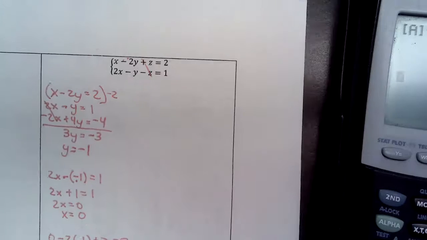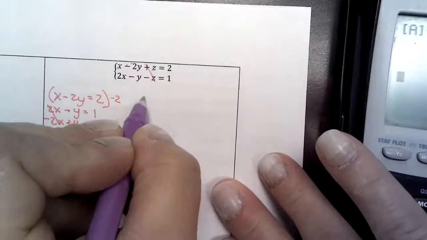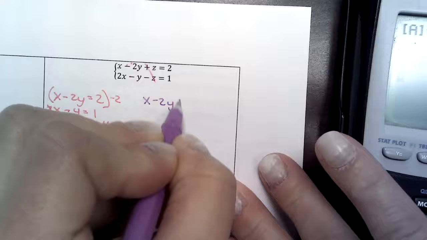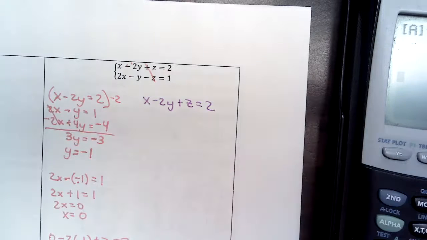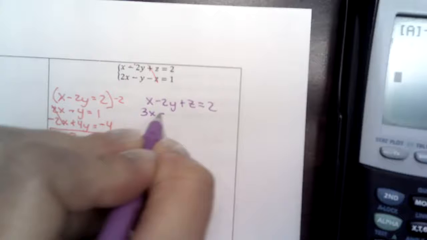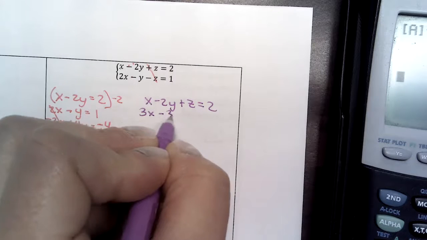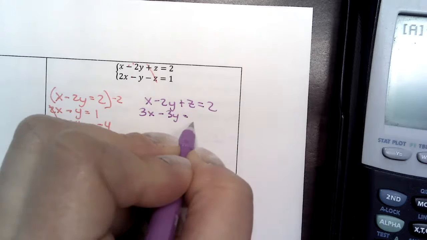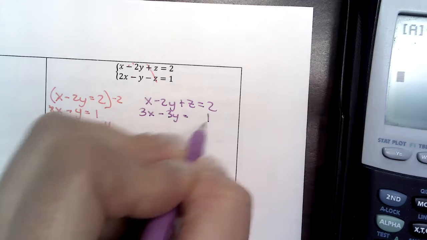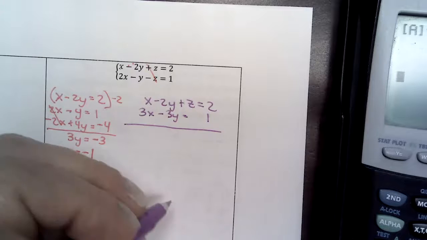If we had taken this and combined these and gotten x minus 2y plus z equals 2, and we combined them and got 3x minus 3y equals 1, then we would have come up with something completely different.